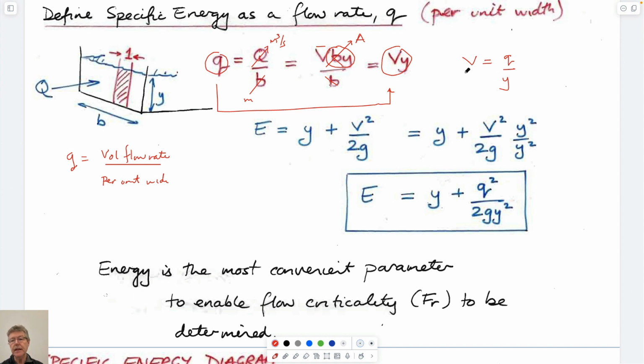And so that means that now we could substitute this into our energy equation to deal with the upstream and downstream portions. And so if you substitute Q over Y into this, you just get Q squared over Y squared. So this term here is just our V squared term.